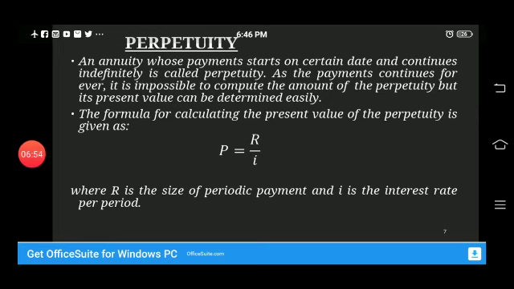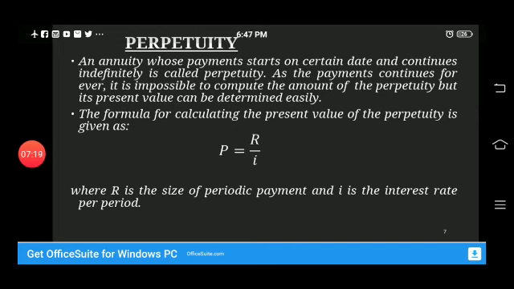As the payments continue forever, it is impossible to compute the amount of the perpetuity, but its present value can be determined easily. So we cannot find F in this case. We cannot find the sum of the perpetuity, the amount of the perpetuity, but we can find the present value of the annuity.